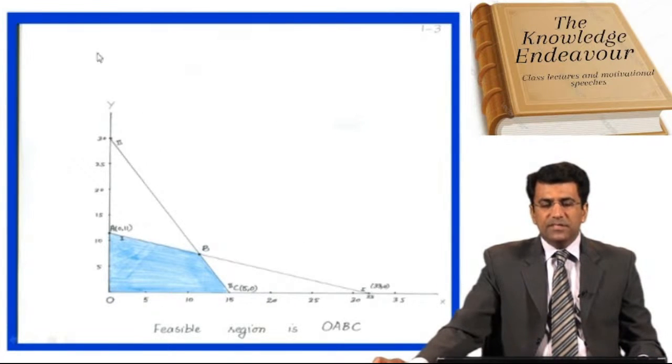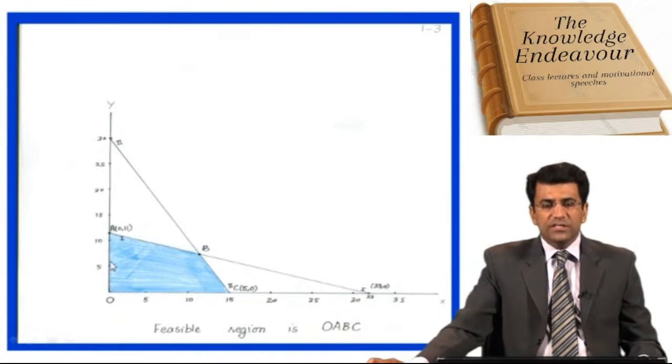Now this is the graph. Again, this is the x-axis, this is the y-axis. We have taken an appropriate scale in order to put those points on this graph. So this is our first line equation, where one point was (0, 11).